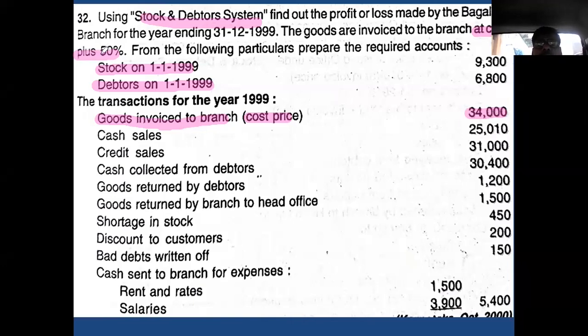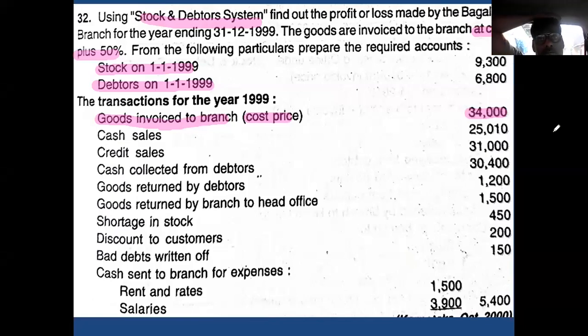Cost plus 50%. Okay. What is the 50% of 34,000? 34,000 is the cost. Loading is 50% of cost. So 50% of 34,000, what is the answer?